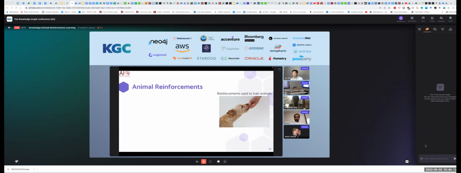The name of this framework, reinforcement learning, comes from how we train animals. We train animals with so-called reinforcement. For example, if you're training a dog and the dog does something that you desire, you give the dog positive reinforcement, so that the dog knows it is doing something beneficial or rewarding, and it will keep doing that in the future.